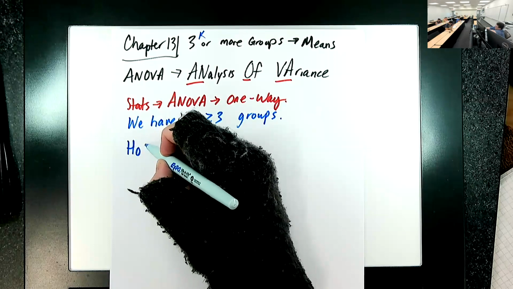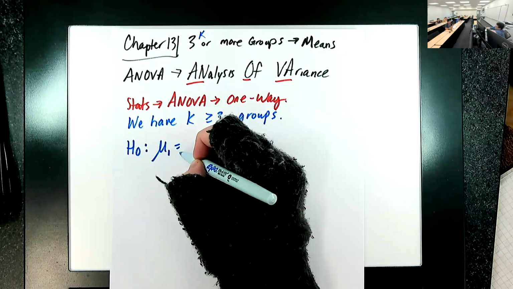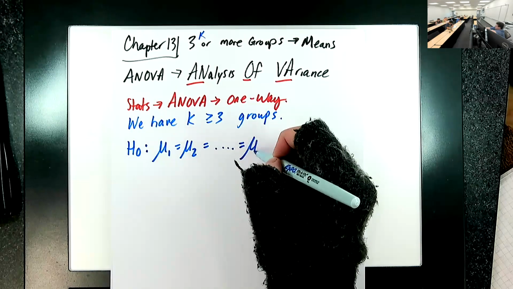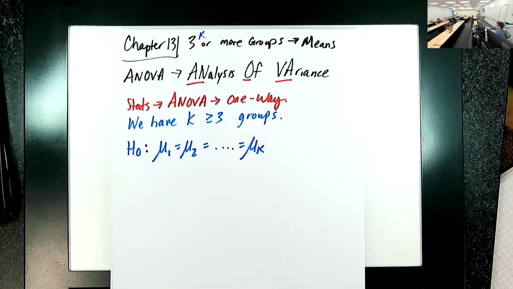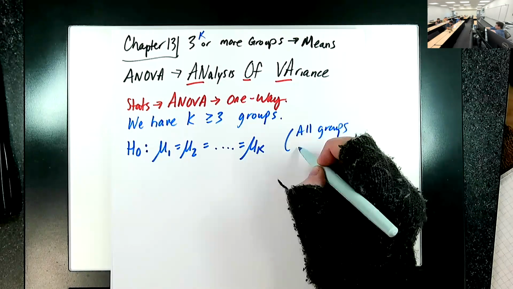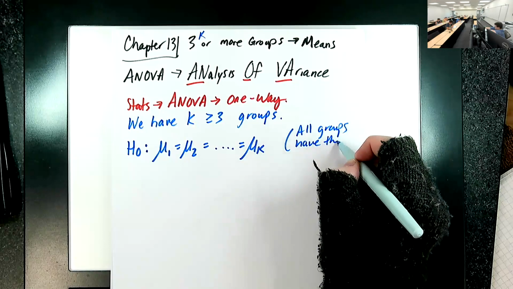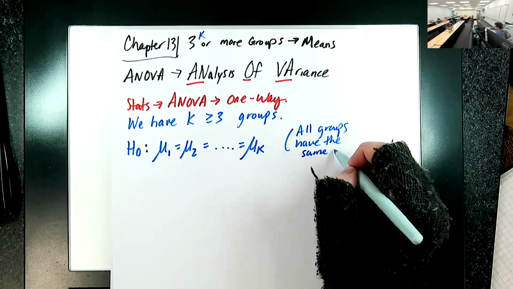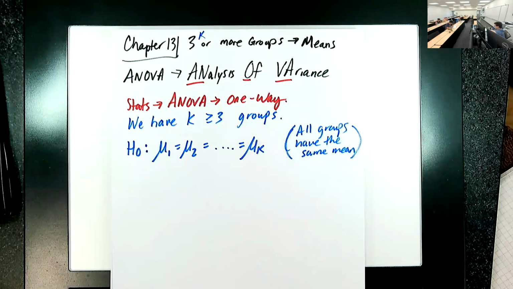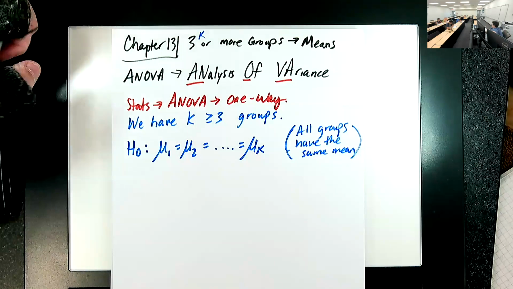H naught is mu1 equals mu2 equals ... equals mu K. All groups have the same mean. In words, generally, we say mu1 equals mu2 equals mu3.